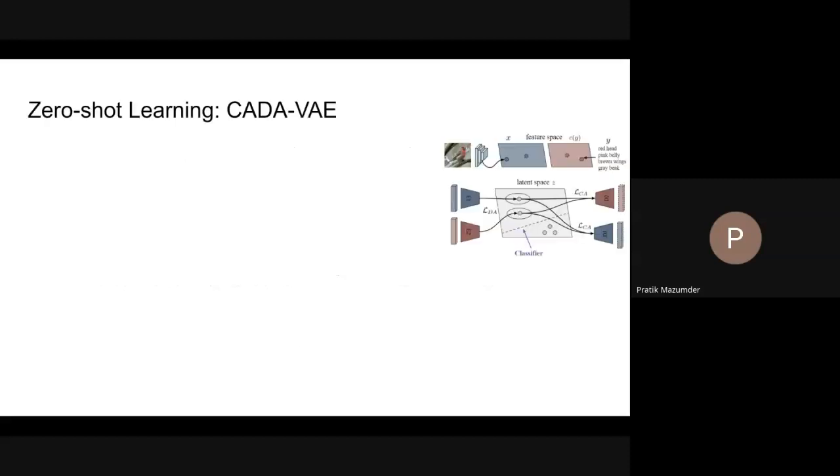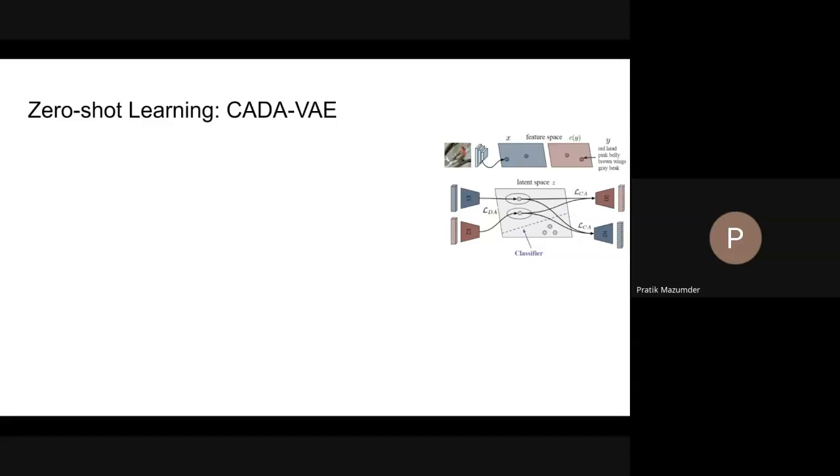Okay. So, if you remember, we had described the few-shot learning setting to be a case where you have some classes for which you have very few samples, maybe 1 or 5, something like that. That's the case of few-shot learning. And the extreme version of that was the zero-shot learning case, for which you had no training examples at all.